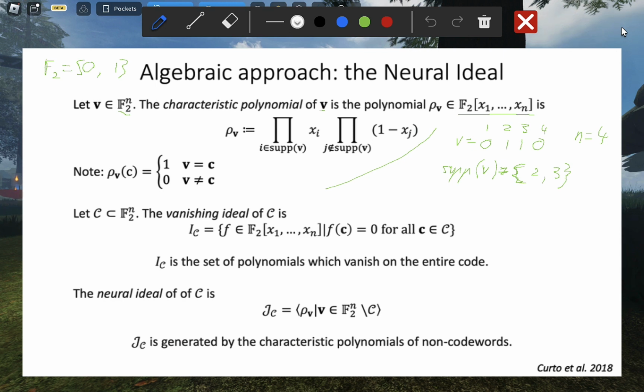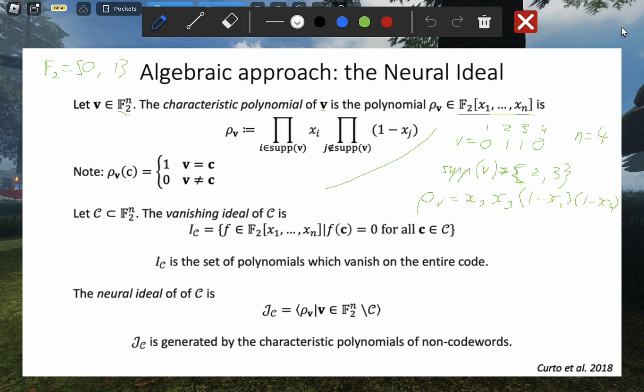And so then we have these two different things. So for i in the support of V, our characteristic polynomial for this V is going to be x2 x3. And then for the j's which are not in this, so that means 1 and 4, 1 minus x1, 1 minus x4.